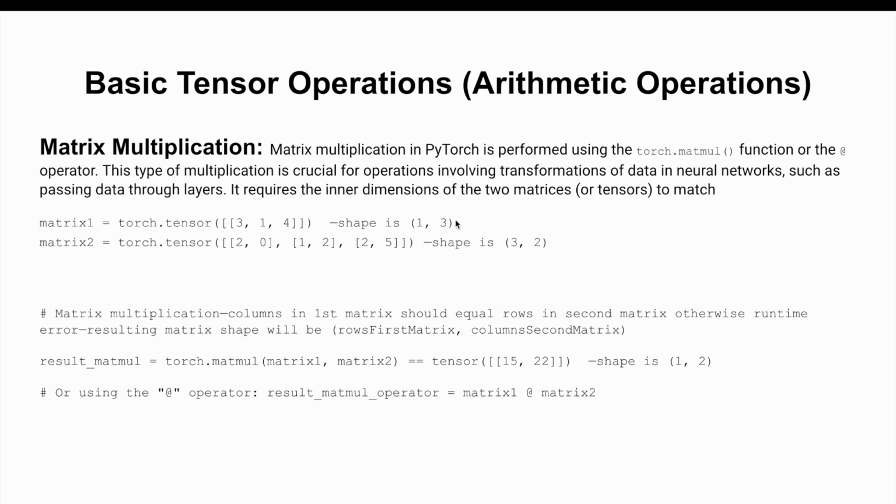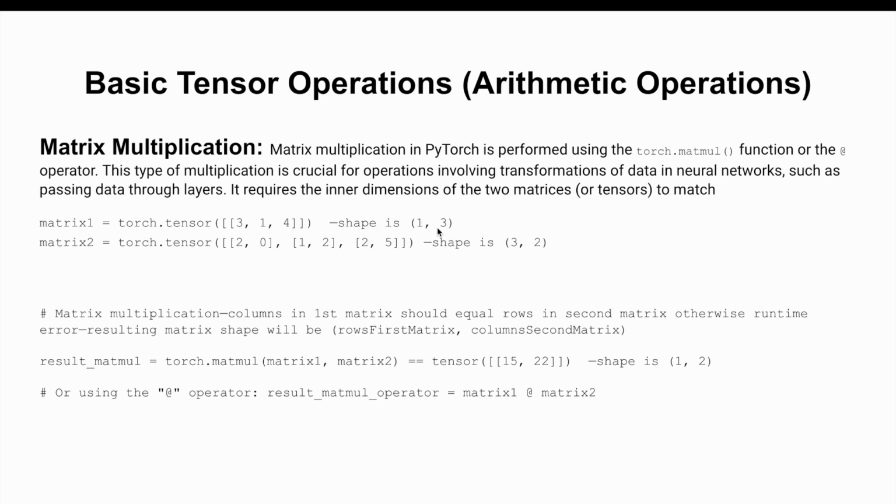And the funny thing is that if you multiply matrix 1 and matrix 2, the inner dimensions, the 3 and 3, have to match. But the resulting shape of the new tensor is going to be determined by the other items in those shapes. So when we multiply matrix 1 and matrix 2, the shape of the resulting matrix is going to be 1 by 2.